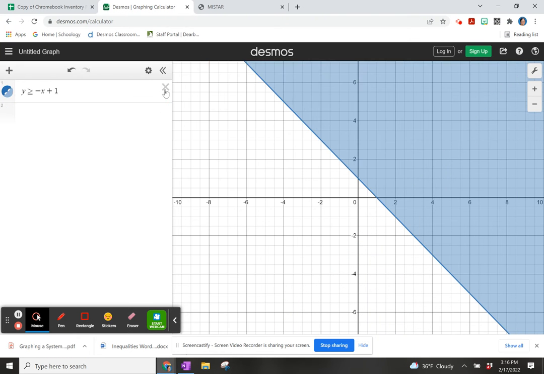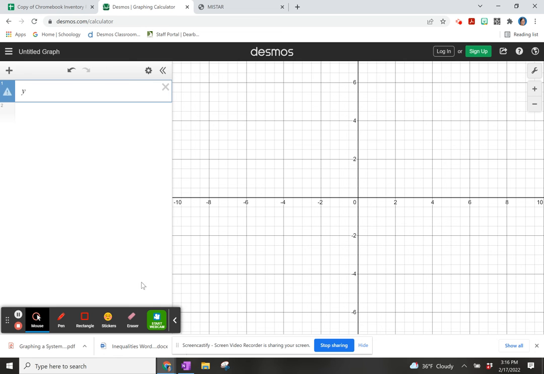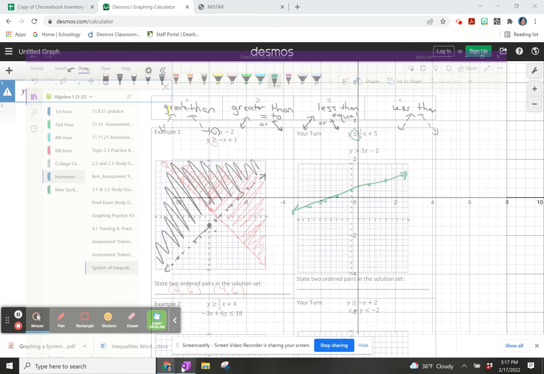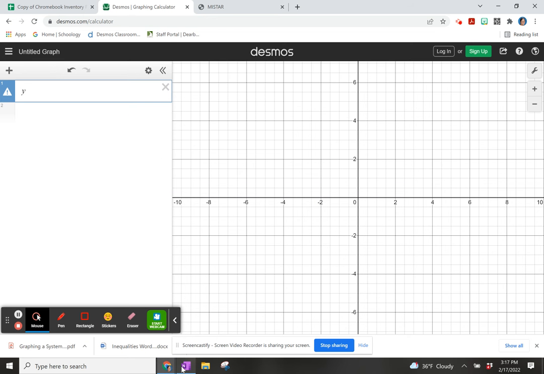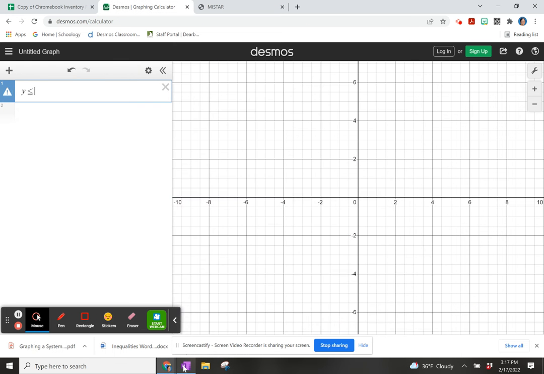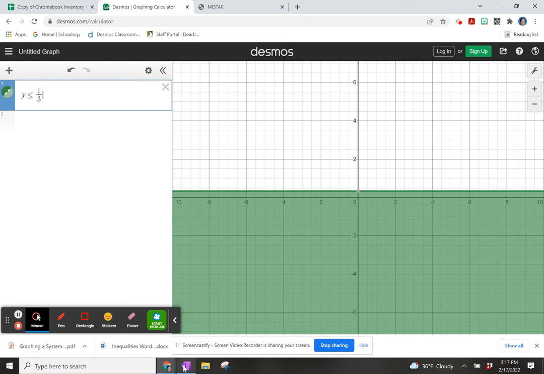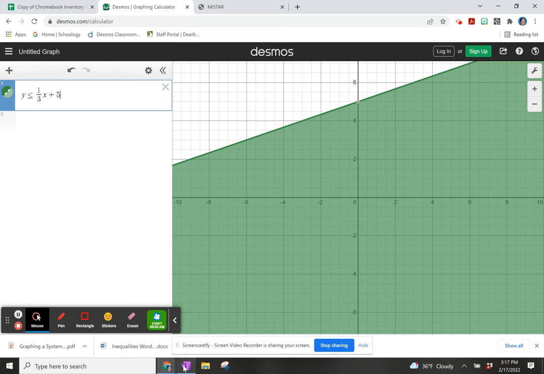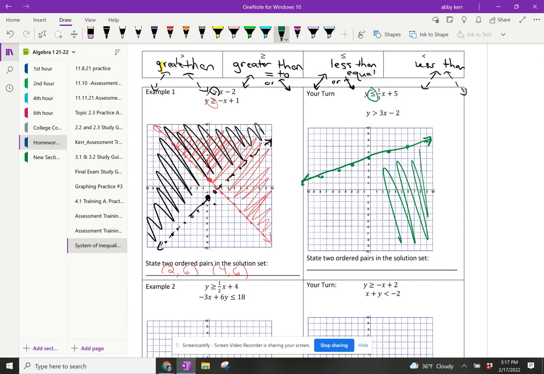So I'm going to exit out of this. So y is less than or equal to, so just do less than and equal. 1 over 3, move over the x, plus 5. Less than means below, so I'm going to shade below.